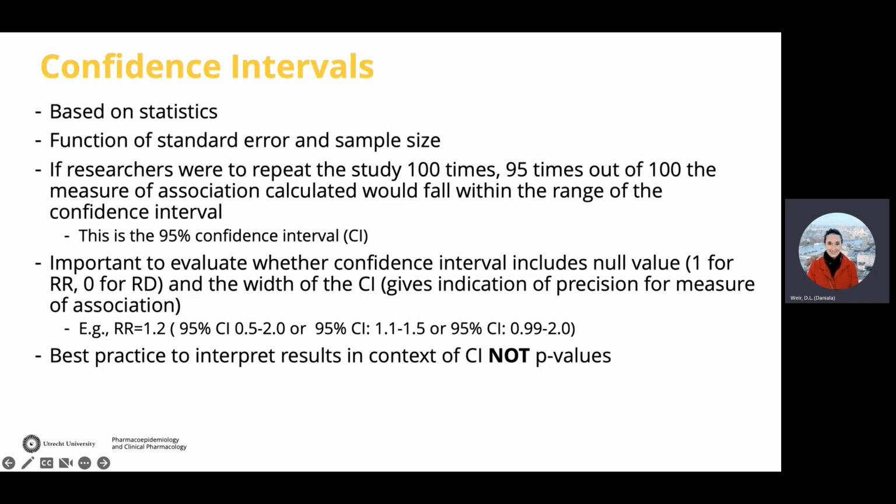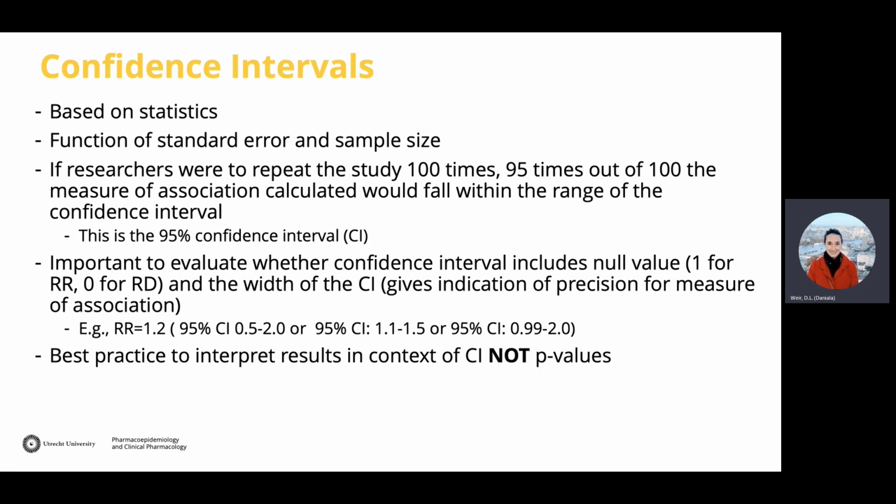So we can see that 1 is included in this confidence interval, and that the confidence interval is very, very wide. So if we were to repeat this study 100 times, 95 times out of 100, the relative risk that's calculated would fall within this range. So it doesn't have a lot of precision, this particular confidence interval.